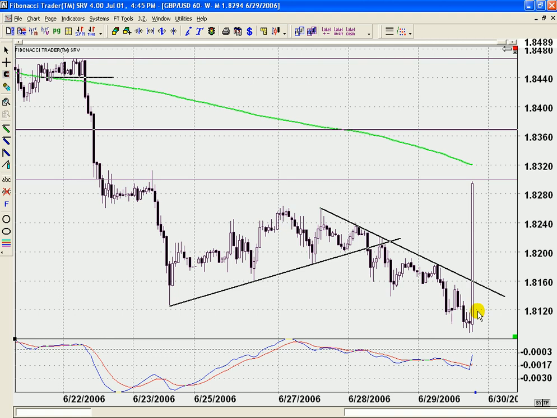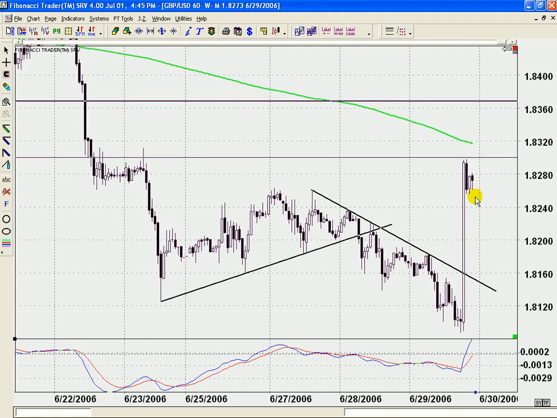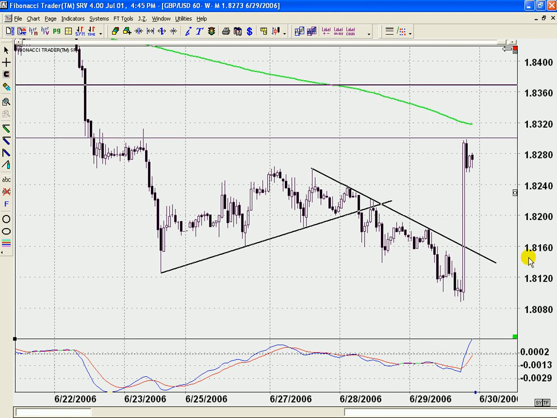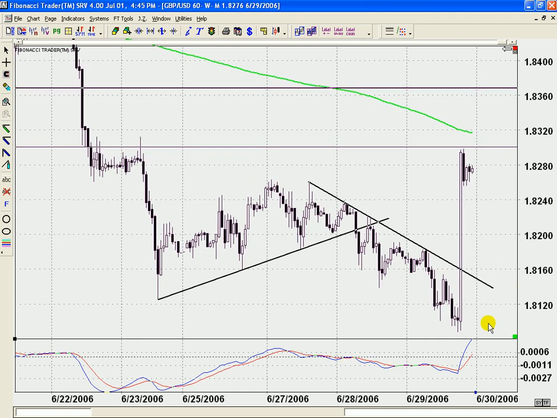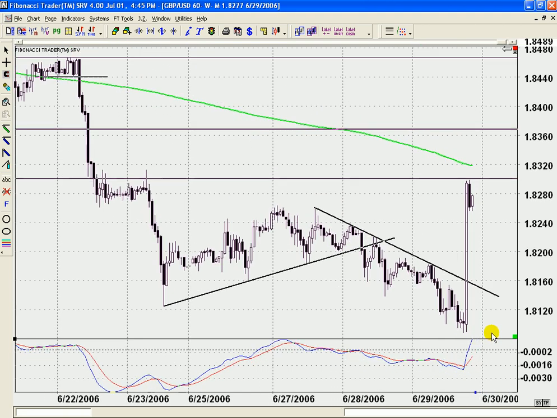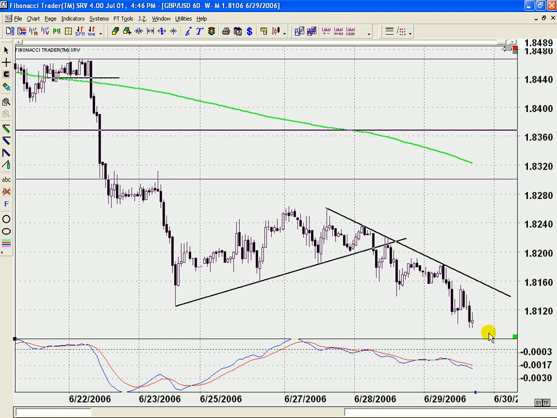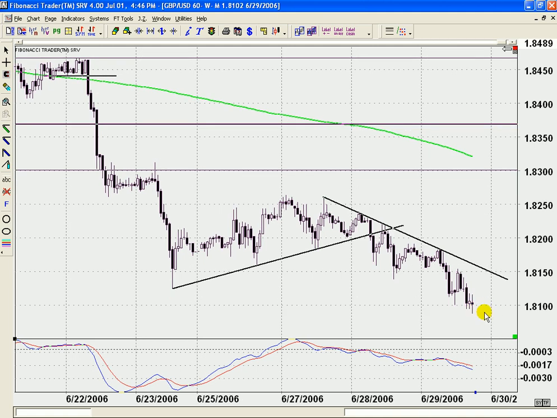But then we saw an immediate repricing of 180 pips plus. Anyway, I thought it was interesting that it came right down to the figure, as we see right here.